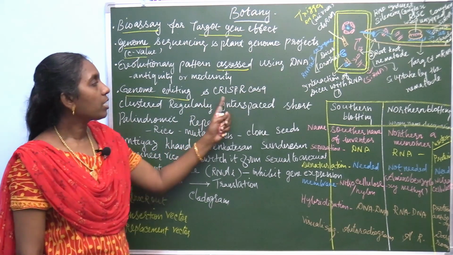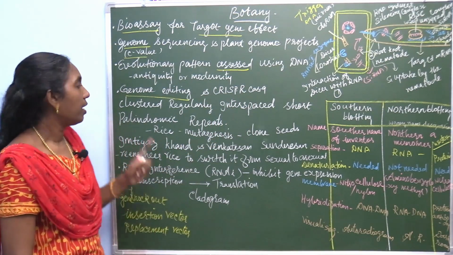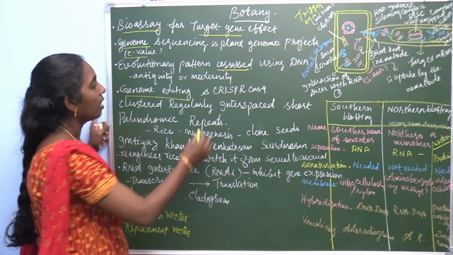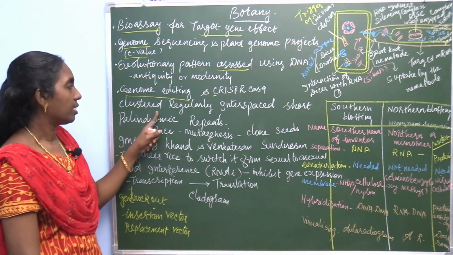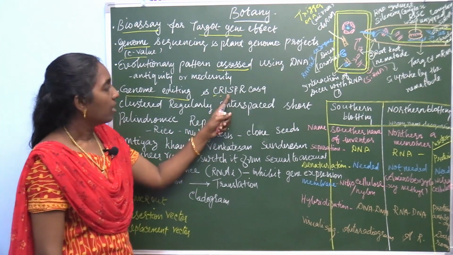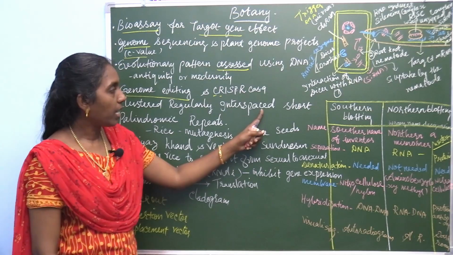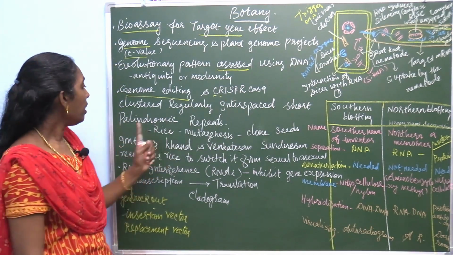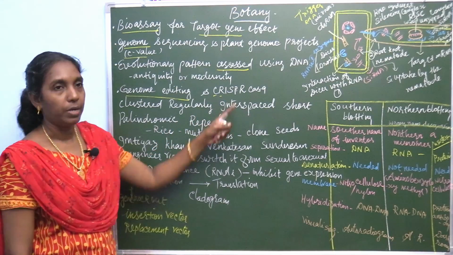What's meant by CRISPR-Cas9? It's the short form of clustered: C represents clustered, R regularly, I interspaced, S short, and P palindromic repeats.